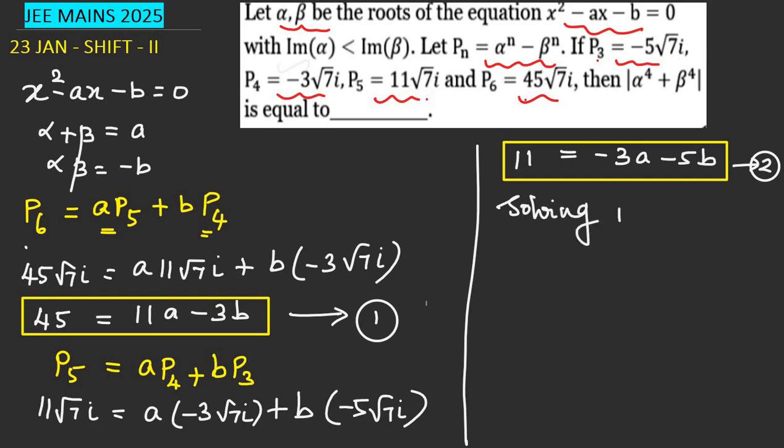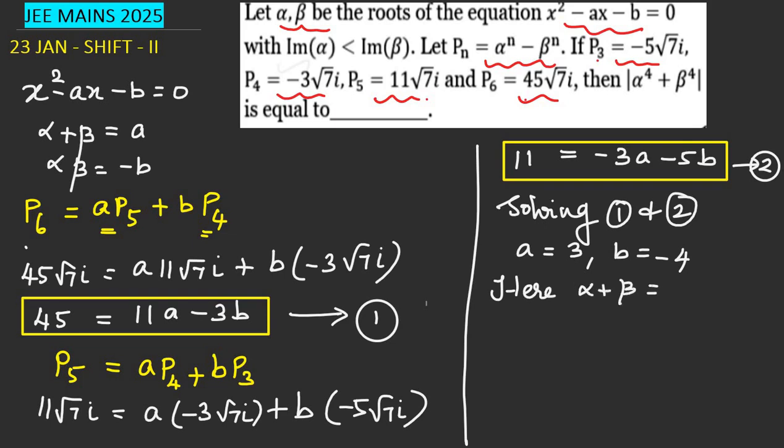Now solving equations 1 and 2, we get the value of a is equal to 3 and b is equal to minus 4. From the question here, alpha plus beta, the sum of the roots, is equal to a, which is 3, and the product of the roots alpha beta is minus b, which gives us 4.